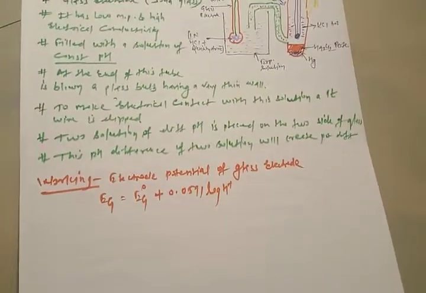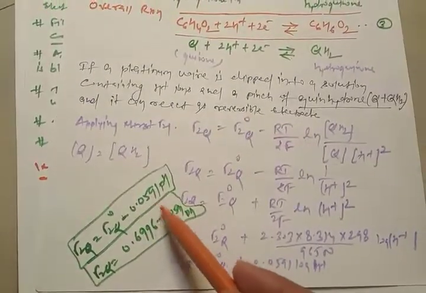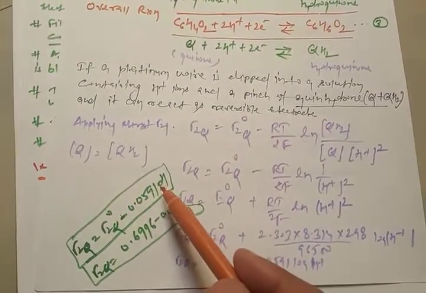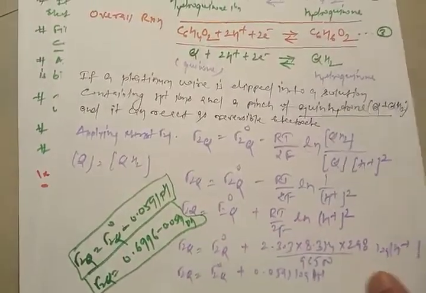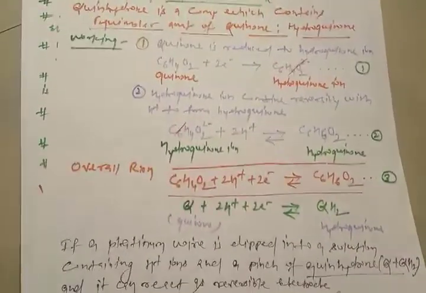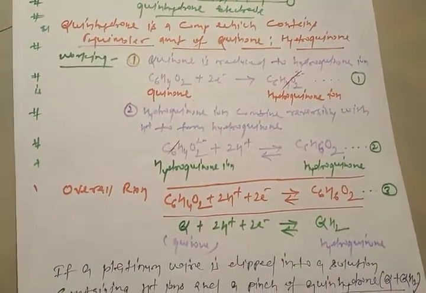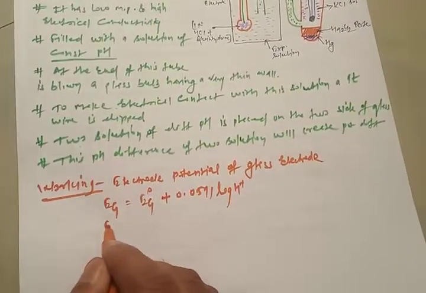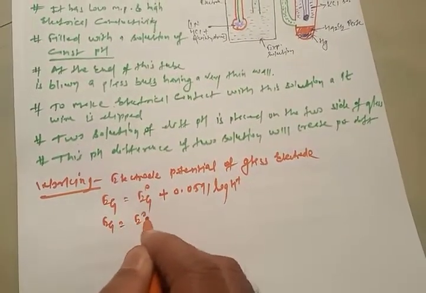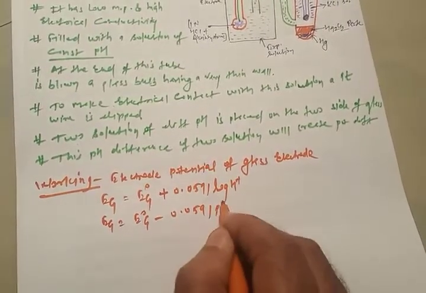As you can see, here is that value: for the quinhydrone, 0.0591 pH negative. We had already calculated this in our previous video, so I am not going to discuss it in detail. So here we can write Eg equals E naught G minus 0.0591 pH.